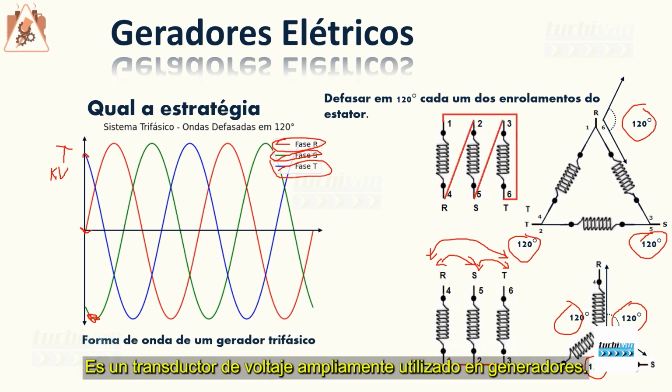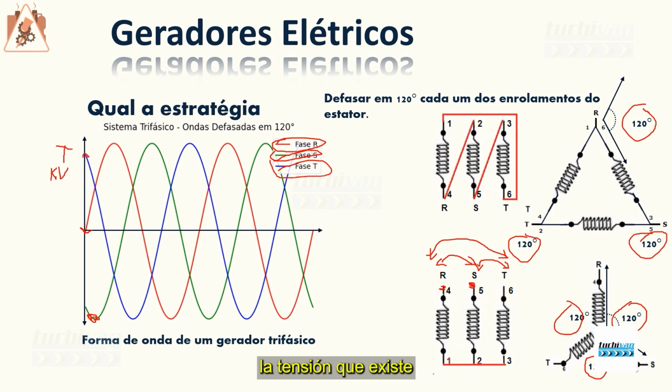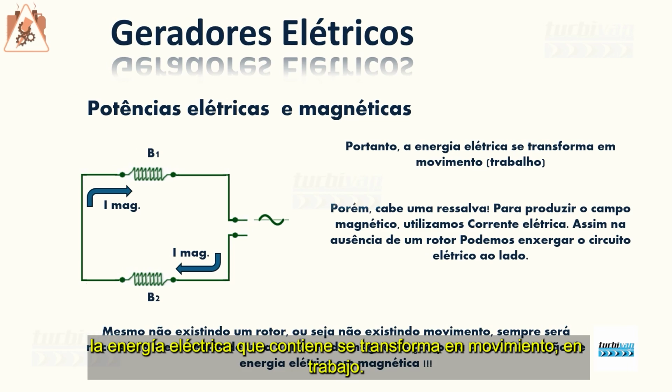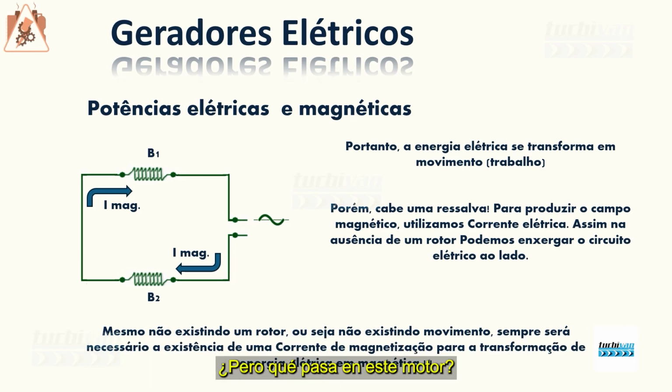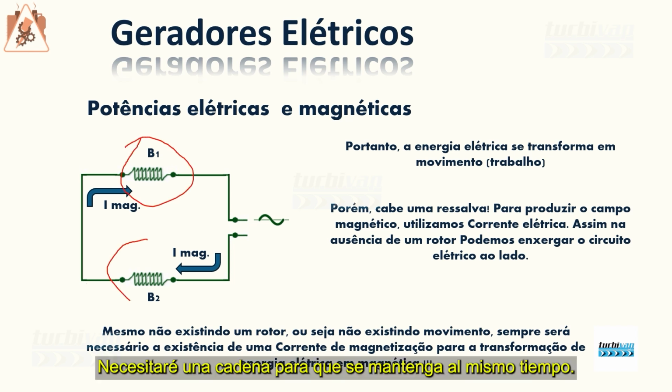The electrical energy in it is transformed into movement, into work. But what happens in this engine? I will have a current dedicated to magnetizing the magnets, that is, I will need a current that stays at the same time only producing the magnetic field. And I'm going to have a current that will always be used for work consumption. I'm going to have a current to produce a magnetic field and a current to produce work.